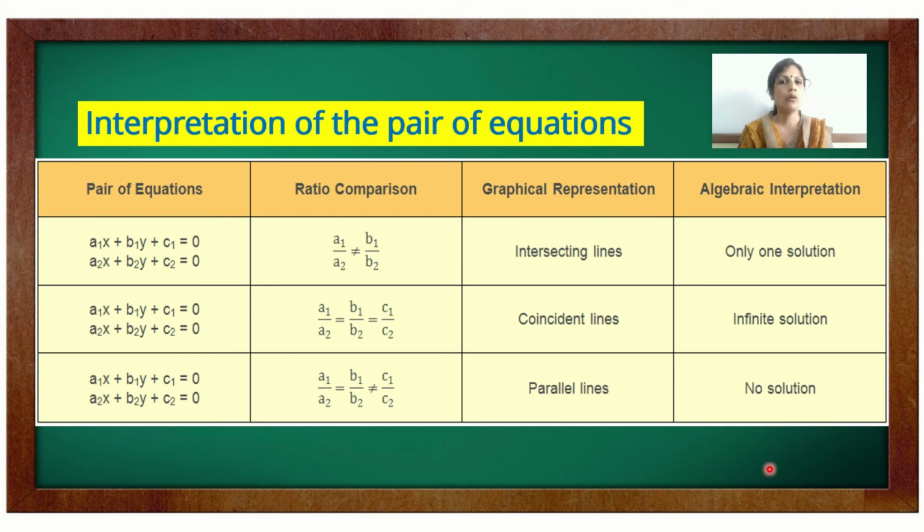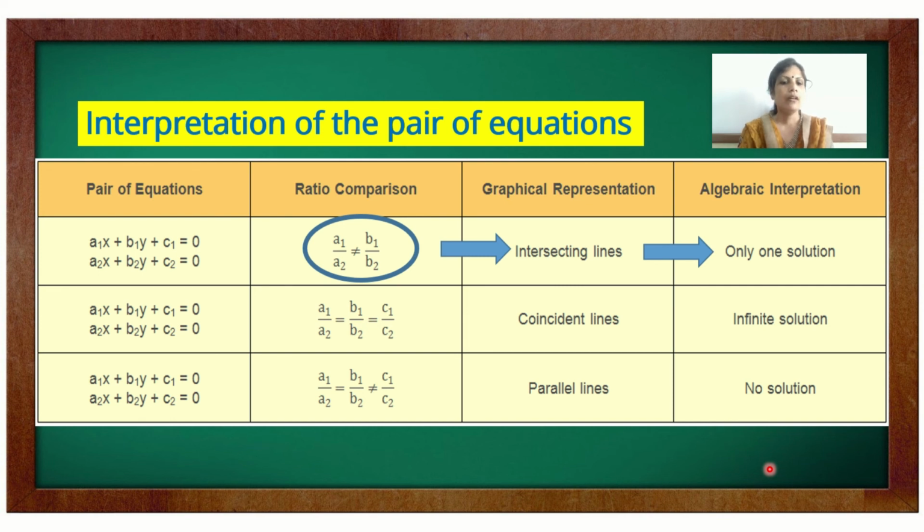Suppose you observe that a1 upon a2 is not equal to b1 upon b2, then you may conclude that the graph of this pair of equations will be intersecting lines. That means it will have one and only one solution. So without drawing a graph, just by looking at the pair of linear equations, we can make out how the graph of these equations will look.